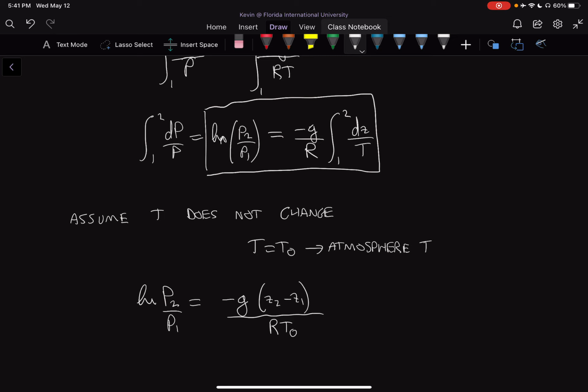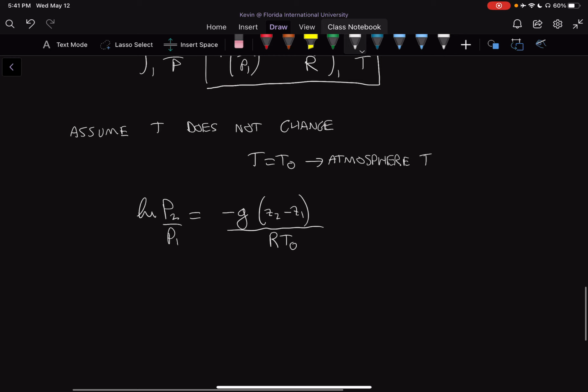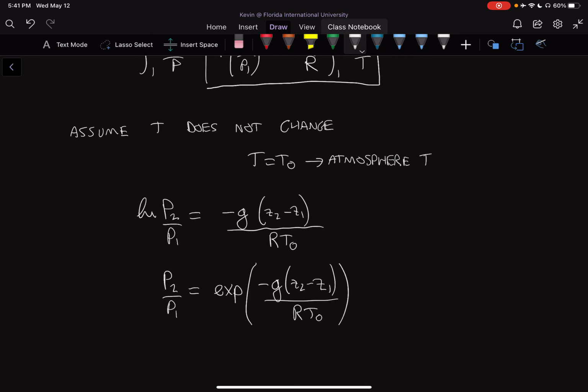We can simplify it a little bit further by bringing the natural logarithm to the right side. So we can have P2 over P1 is equal to the exponent, or e to the power of, it's the same thing, of minus g times Z2 minus Z1 over R T0.